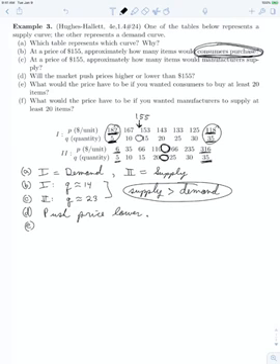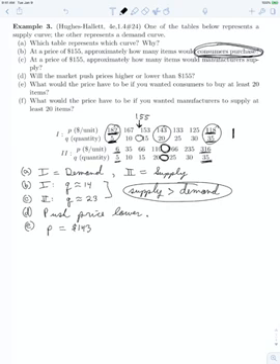Okay, what price would you have to use if you wanted consumers to buy at least 20 items? So again, we look back at the consumer table, that's table 1, and if we want them to buy 20 items, that looks like a price of 143. So we're reading the table backwards in this case.